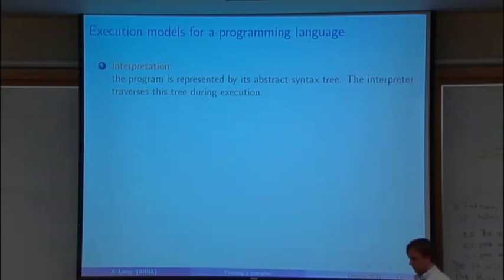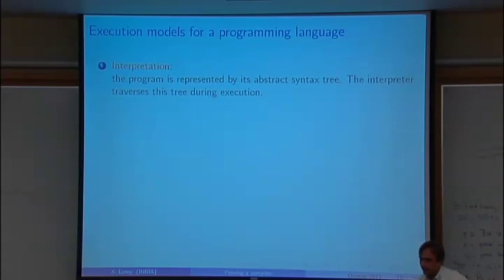And now we'd like to execute IMP programs. So there are basically 3 choices when you want to execute a programming language. The simplest one is interpretation. So you just represent the program by an abstract syntax tree, and then you have an interpreter, separate program, that traverses this tree and executes the corresponding commands.